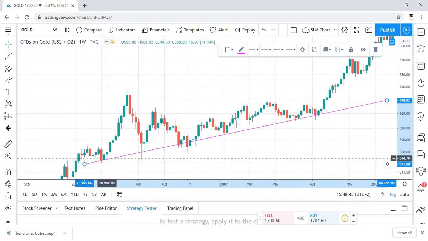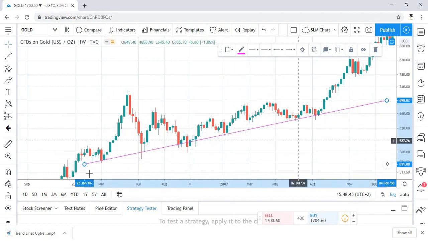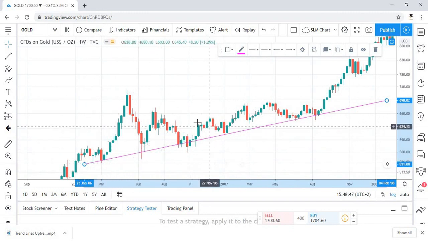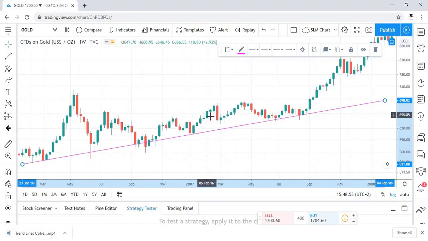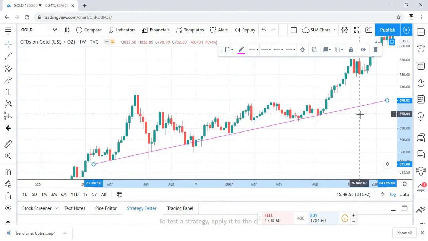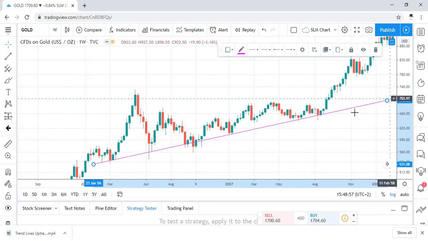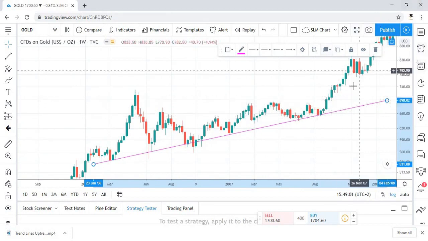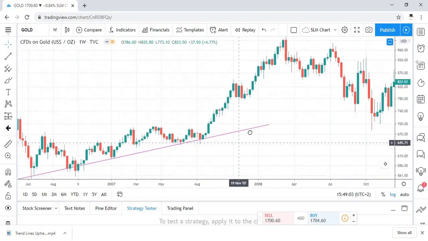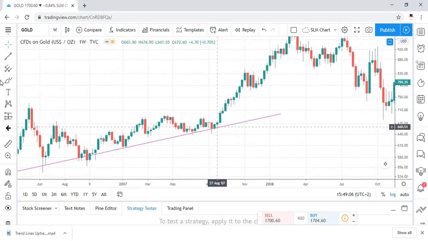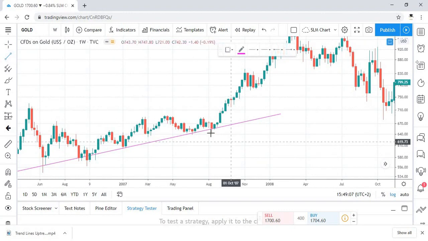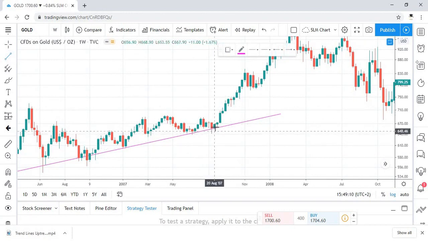Now as you can see, the slope of the line tells me that the momentum is not very high in an upward direction. So now what I expect is that if I am going to project this line going in this direction, I can see here that the price has changed. So there is no limit on how many lines you can draw.